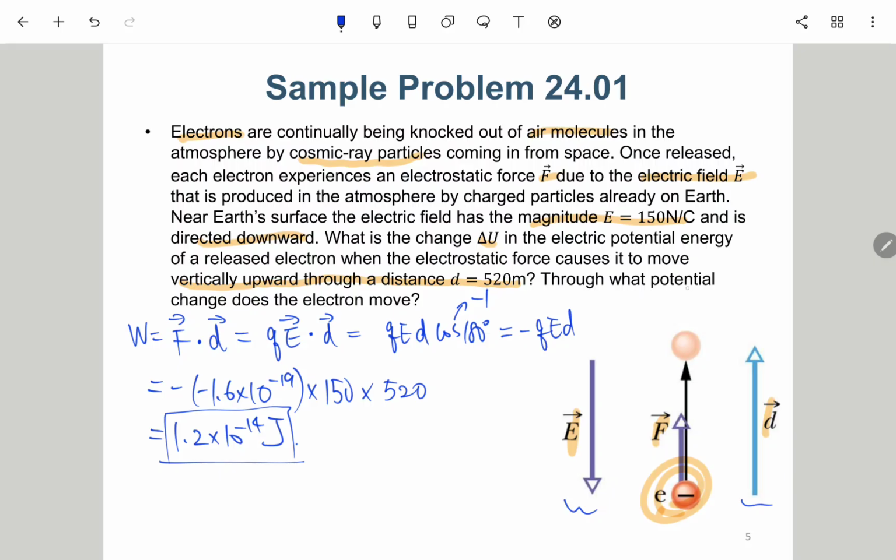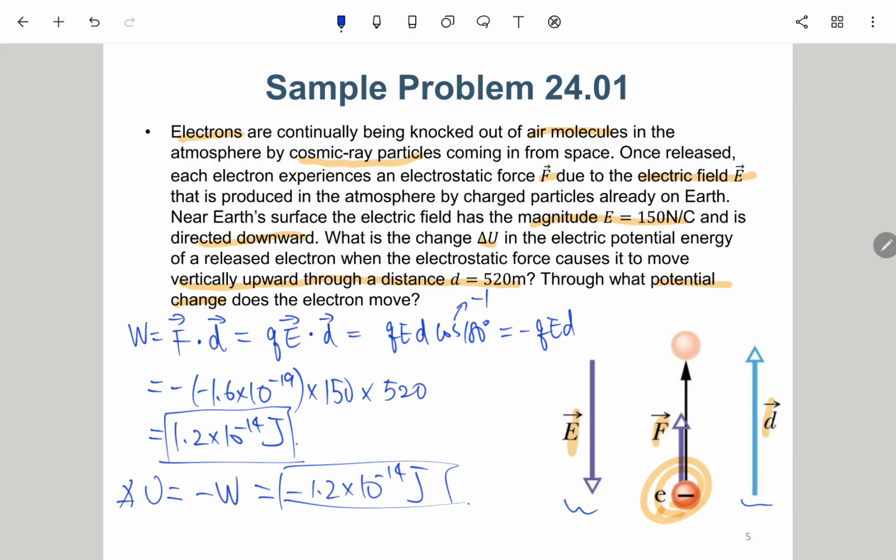It asks what the potential change is. The potential energy change is delta U equals -W, which is -1.2 times 10 to the -14 joule. But not yet.